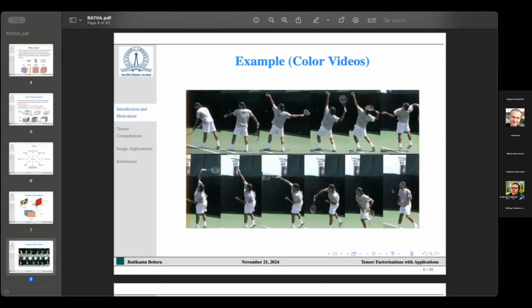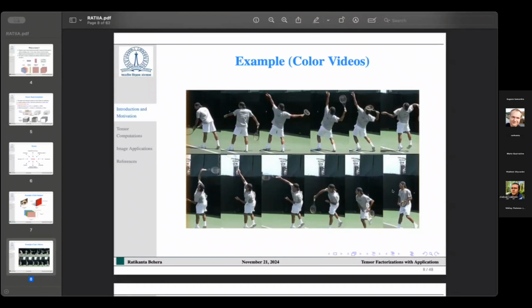Now come to the color video. Let us consider how we can represent a video in tensor format. As I told you, a color image is a third order tensor. A video is a collection of frames. Let's say you collect 20 frames or 30 frames or 100 frames.